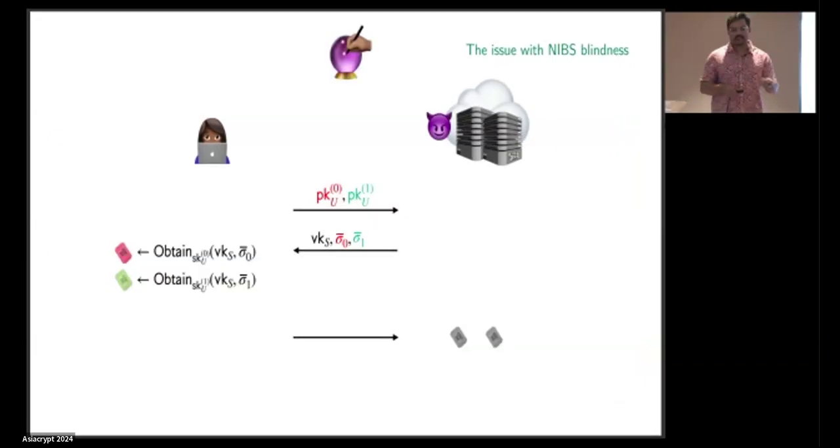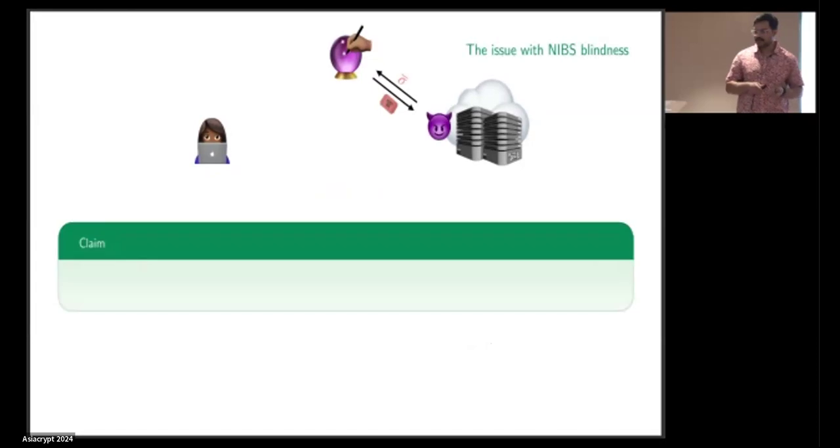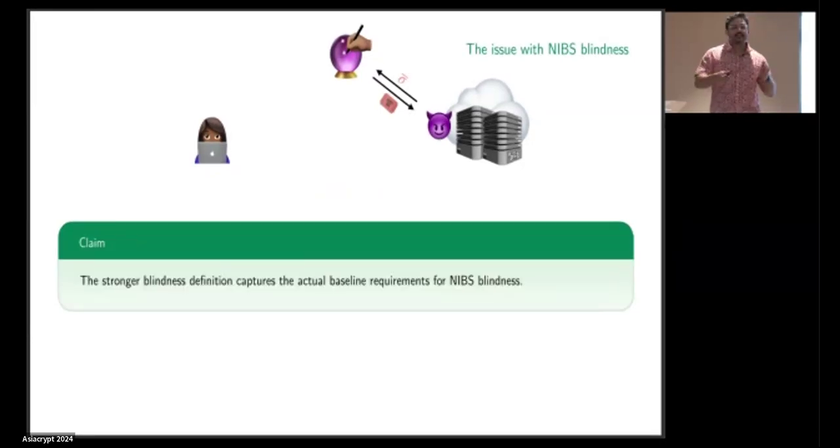Pictorially, the adversary now has access to this signing oracle, the obtain oracle, to which it can make pre-signature queries and get back final message-signatures. You can think of this as being like the encryption oracle in CCA. And our claim in this work is that the stronger definition of blindness is the correct definition that captures the actual baseline requirements for blindness.